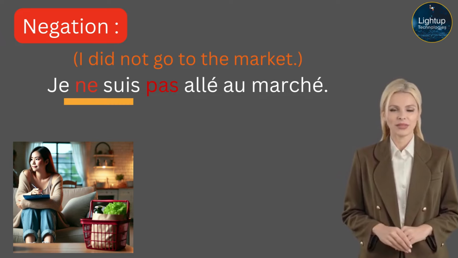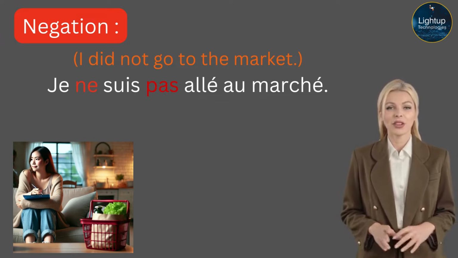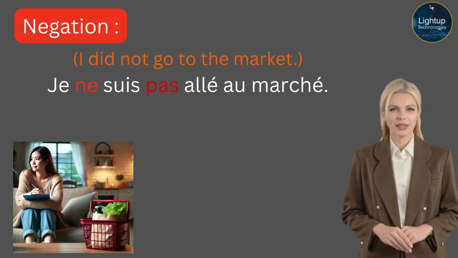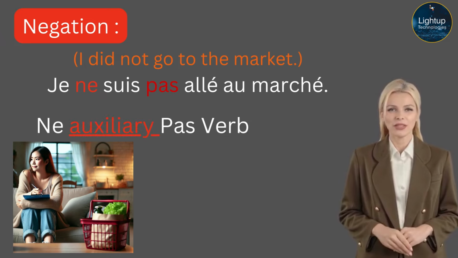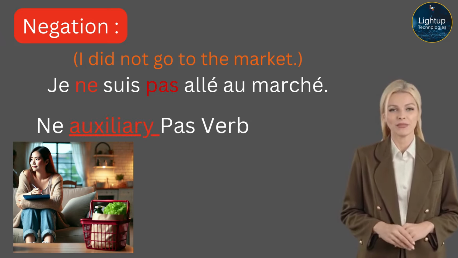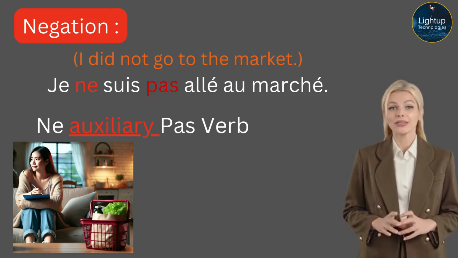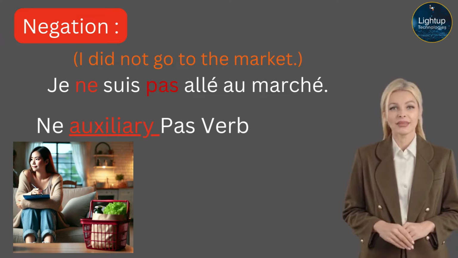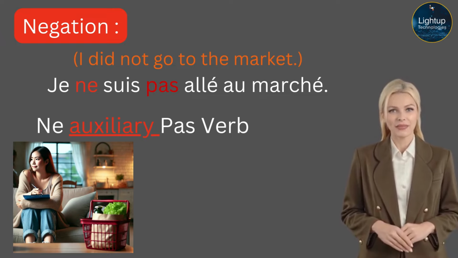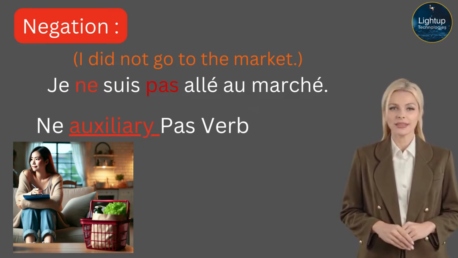Simple. Ne comes before the auxiliary and pas comes after the auxiliary. So, je ne suis pas allé au marché. That's all you need to know, the ne pas using the passé composé. Remember, don't try to translate I did not eat, I did not play, no, never do that. You translate I have not eaten, or I have not played.